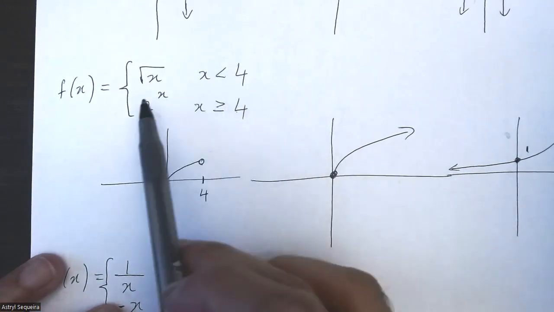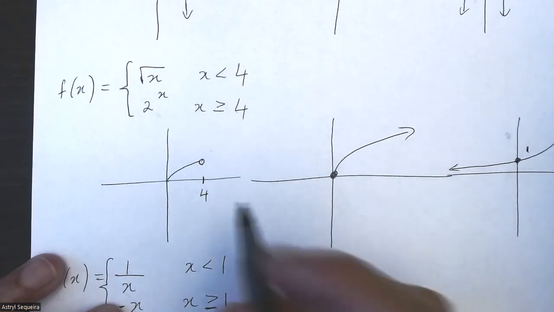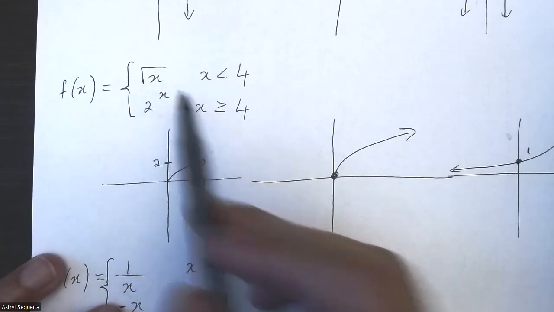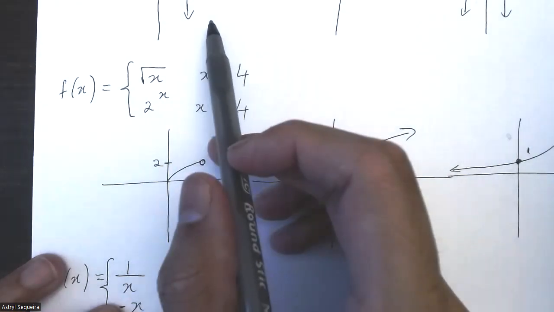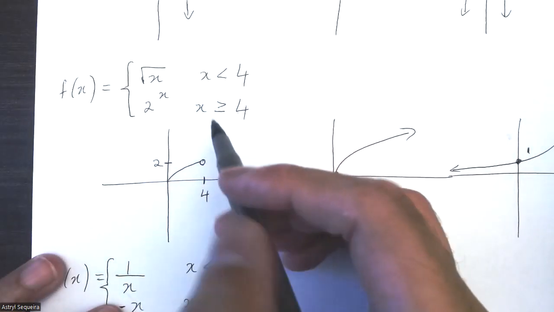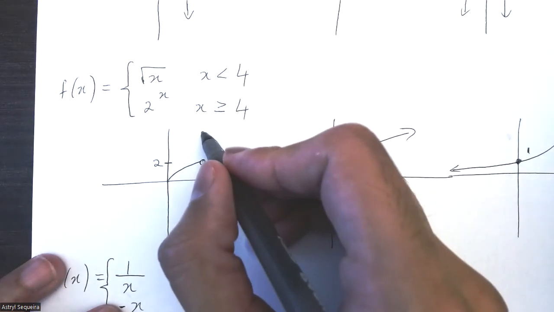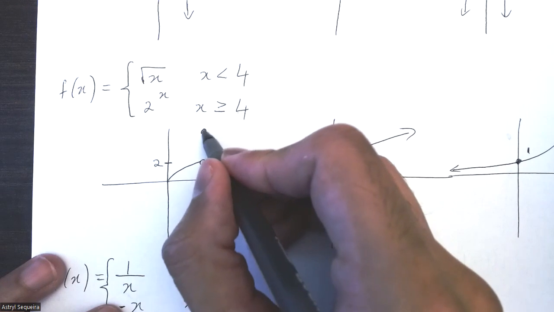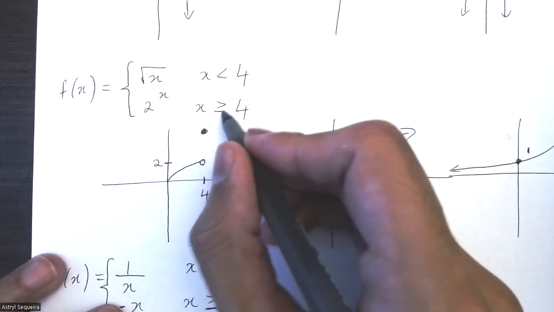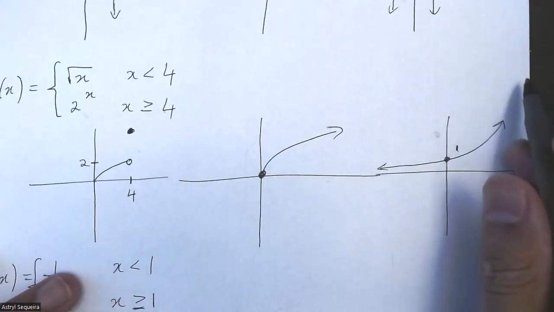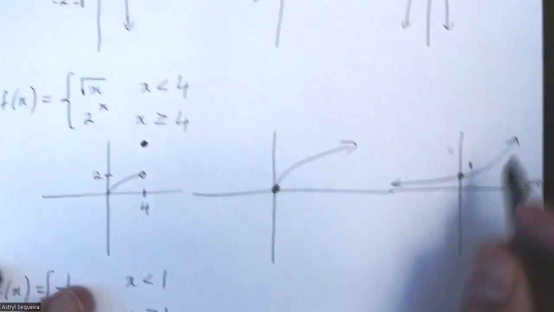Now I'm going to sub in 4 into the second function. Oh, by the way, I can label this as 2. 2 to the power of 4 is 16. 16 would be very, very high. It would not fit in this graph, but since it's a sketch, I'm just going to label 16 over here. It's going to be a filled dot because there's an equal sign over here. And then I just want to draw the right side of this, which is basically going up at a very steep rate.